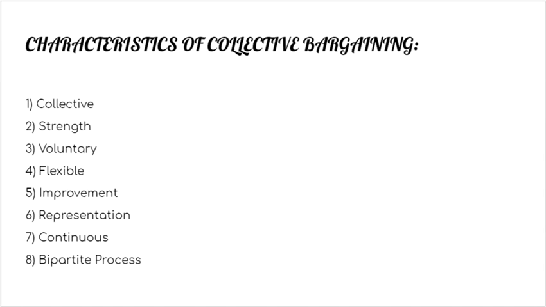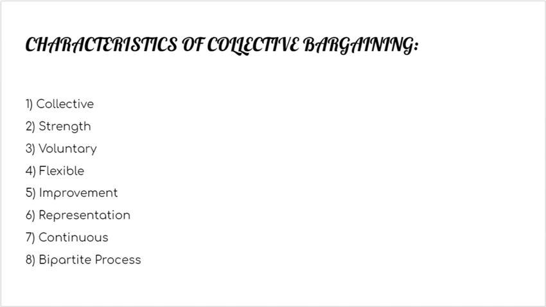If they could solve their problem among themselves without third party intervention, that's the best thing. And voluntarily, they both come together to settle their disputes. This is a very flexible procedure. Collective bargaining is flexible as both of them, as I said earlier, have to give and take.